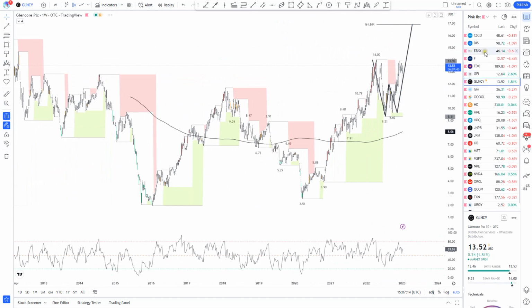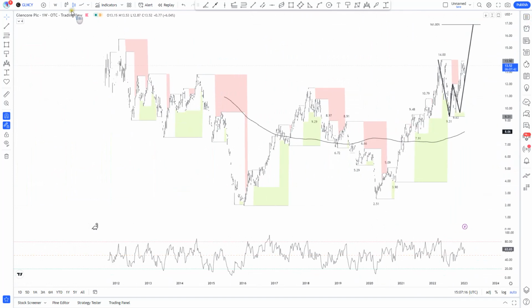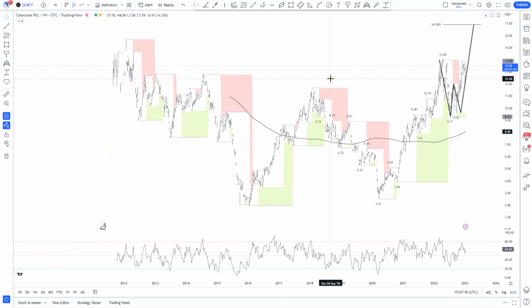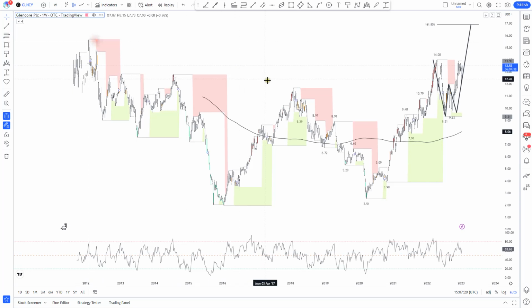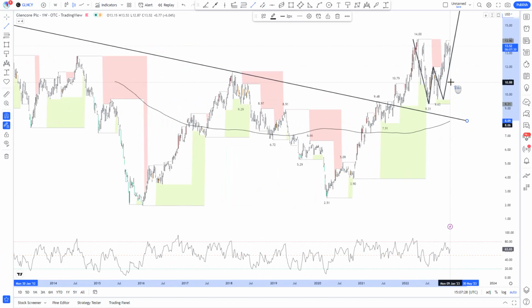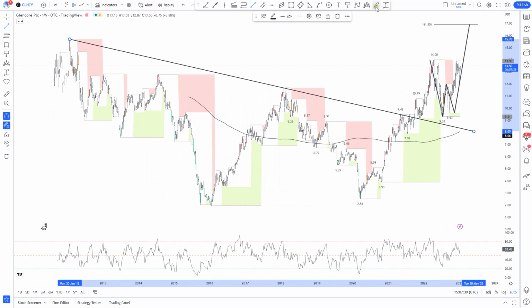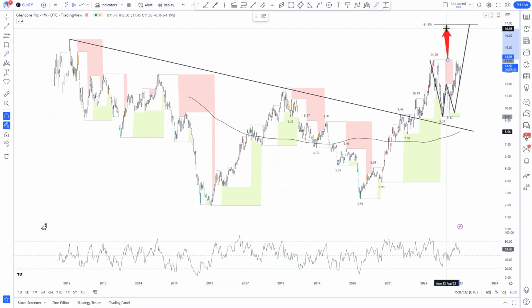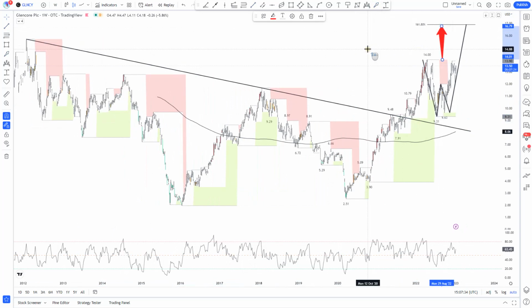Glencore, well bid also. We are on a weekly time frame chart. If you draw a trend line between these highs, we can see we stay above. I will say that a clear violation of $14 will trigger a move to the golden Fibonacci extension, projected above 1691.